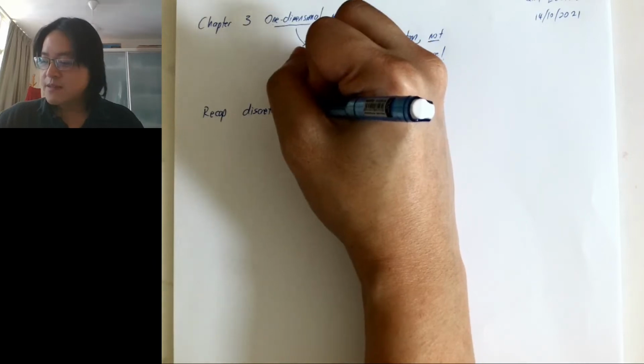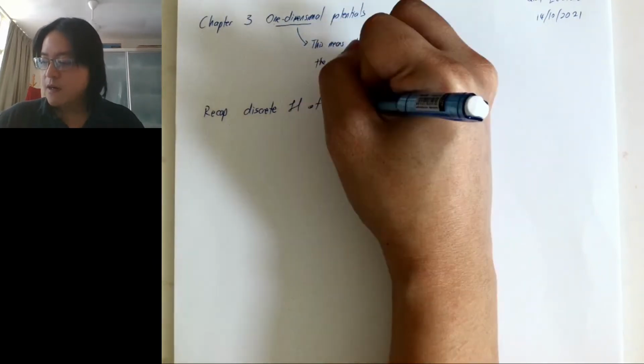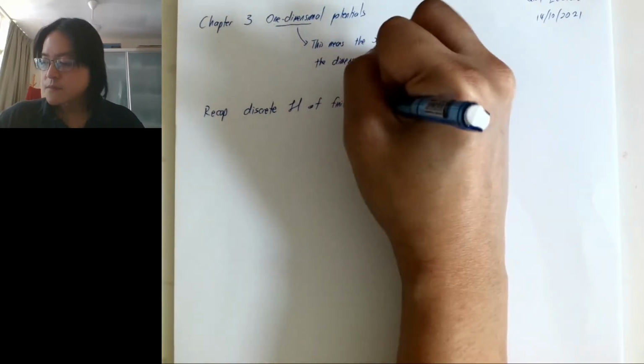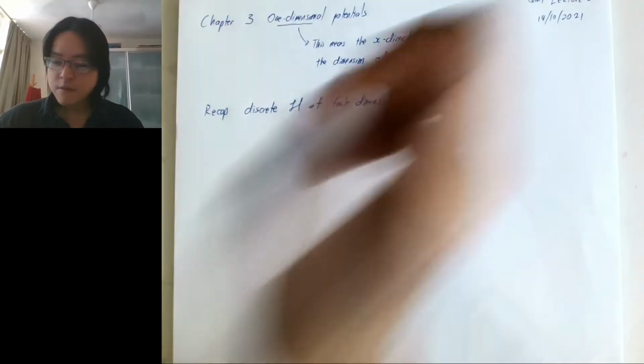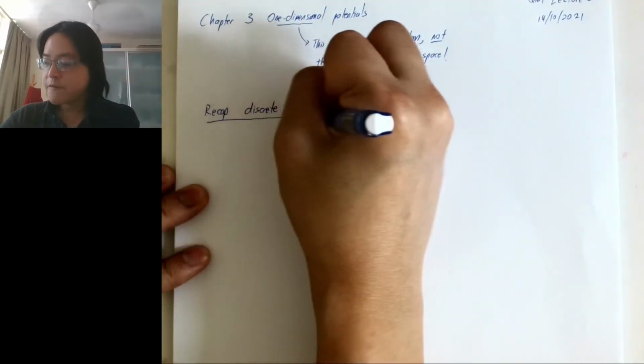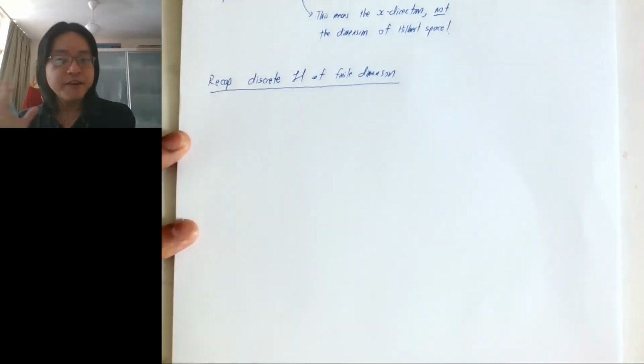So discrete Hilbert space of finite dimension, right? What am I talking about? Let's recap a few facts first, which hopefully are very familiar to everyone by now.